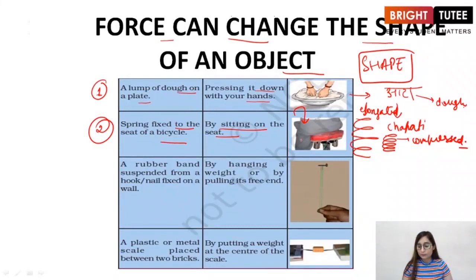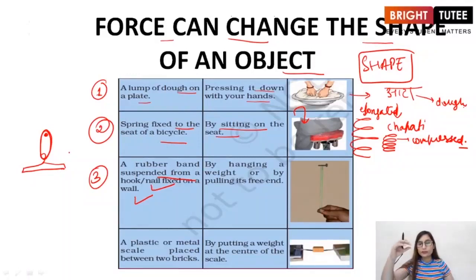So here also, in the case of a bicycle's spring, the force is changing the shape of an object. Thirdly, a rubber band suspended from a hook or nail fixed on a wall. There is a rubber band, there is a nail on the wall, and you have suspended a rubber band on the nail, right? Now you apply some force, basically you hang a hanger from its end. You have now put a hanger on the bottom.